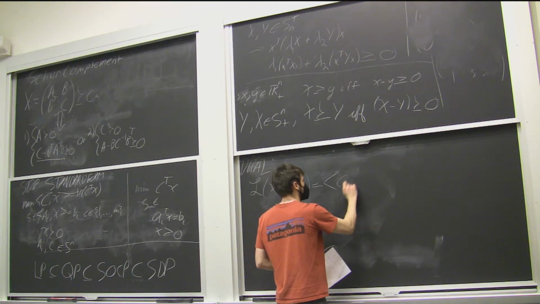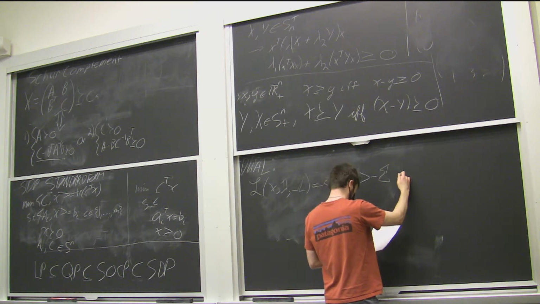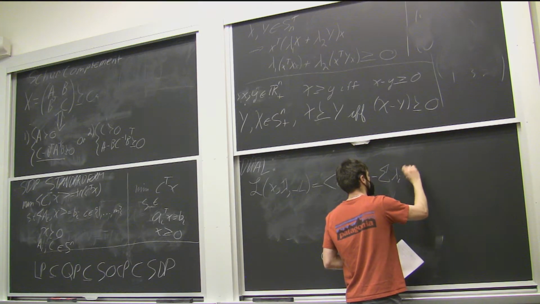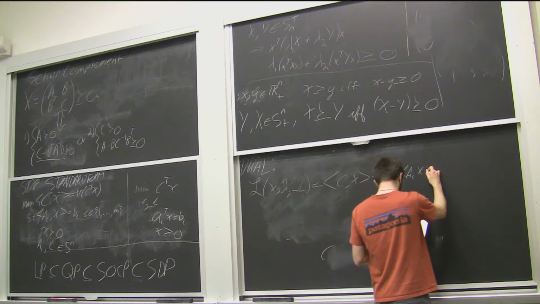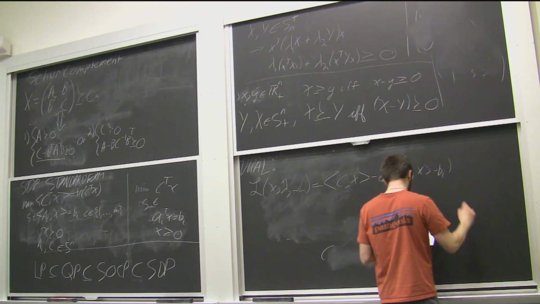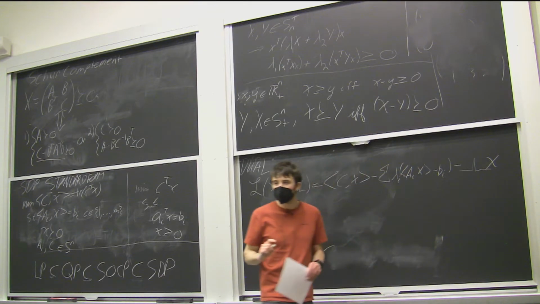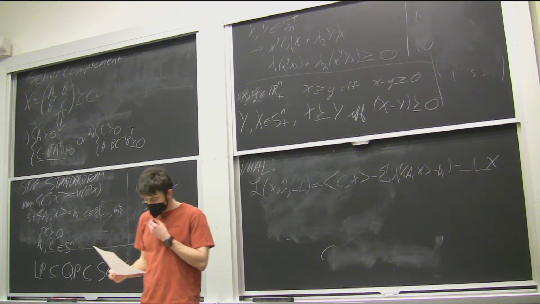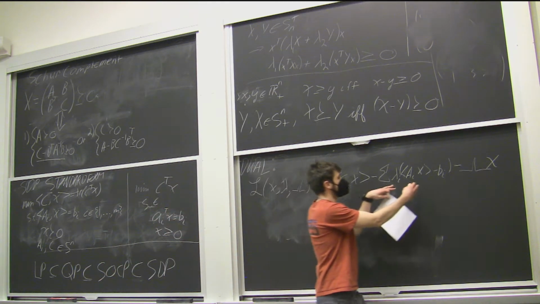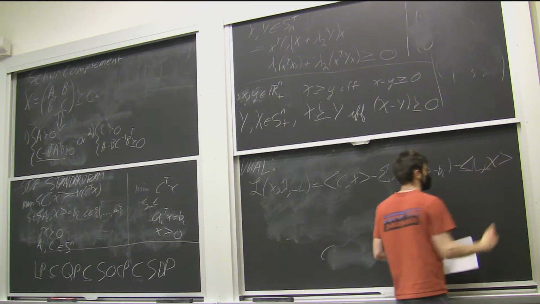So we're going to write our objective. We're going to write our linear equality constraints. And this is the cone containment. This is a linear function. This is a linear function. This is also a linear function.